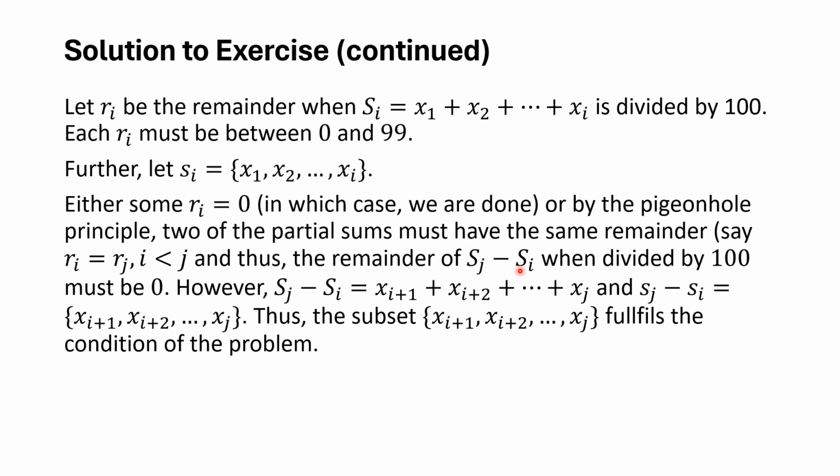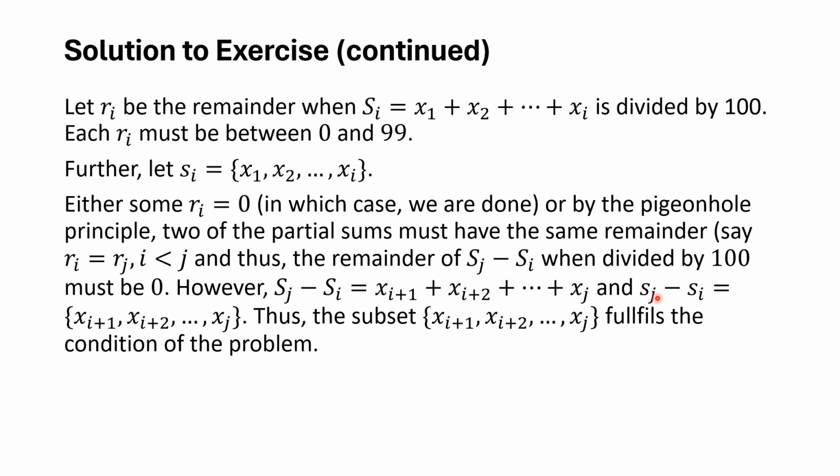The members of these sets are in sequence, and we're saying j is bigger than i. So when you subtract capital S sub i from it, you're just eliminating all the terms x sub 1, x sub 2, all that up to x sub i. And then what's left is x sub i plus 1, x sub i plus 2, up to the x sub j. So this sum here, when divided by 100, has a remainder of 0.